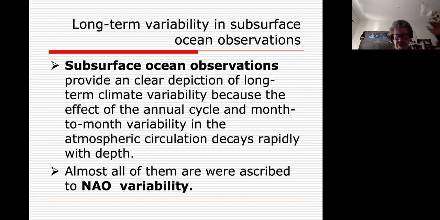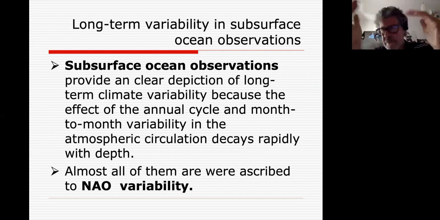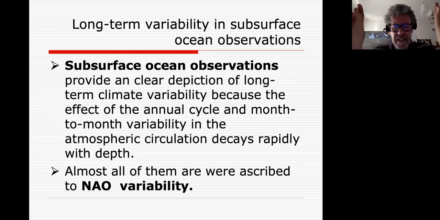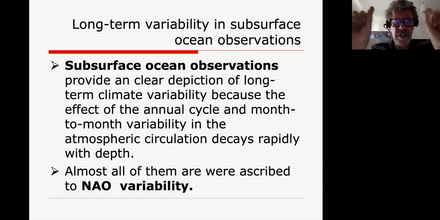And since the last century, we started to collect direct subsurface ocean observations that give a better look at the long-term climate variability, because the effects of the annual cycle or the month-to-month variability in the atmospheric circulation decay rapidly. So the real memory is in the ocean interior, not at the surface.